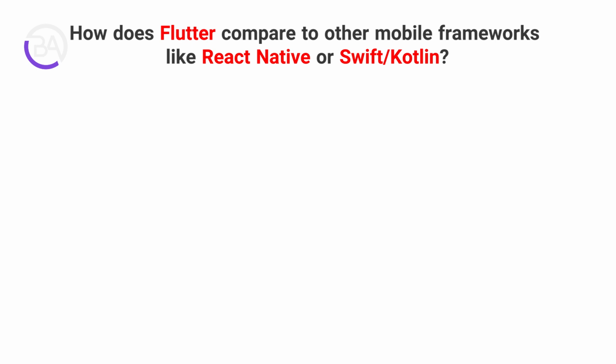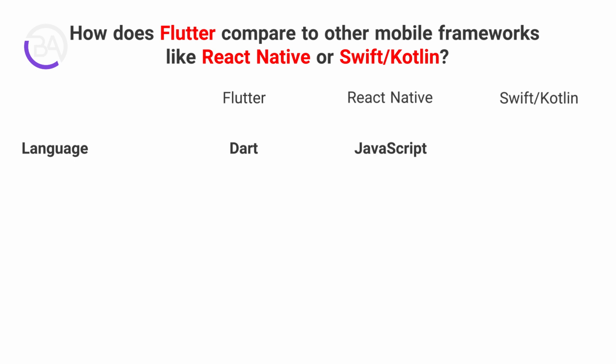How does Flutter compare to other mobile frameworks like React Native or Swift and Kotlin? Let's start with languages. Flutter uses Dart, React Native uses JavaScript, and Swift and Kotlin use Swift and Kotlin.